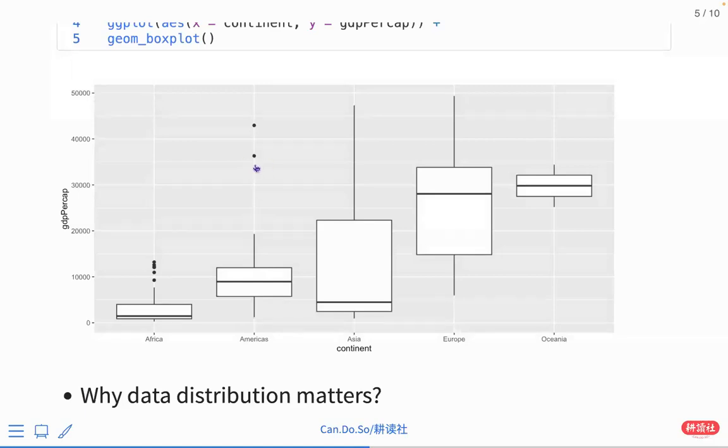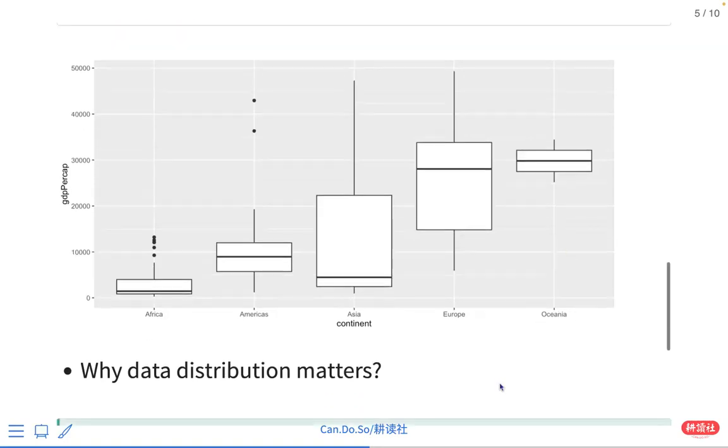So we can see that in Americas, the GDP per capita is extremely unequally distributed, and Africa is also like this, but in Asia, Europe, and Oceania, there are not many outliers, so it is more equal.